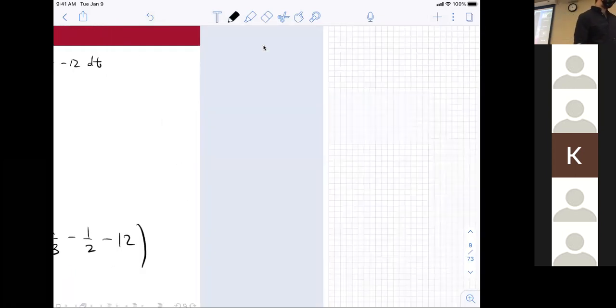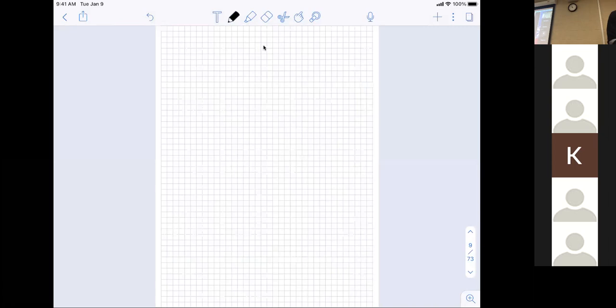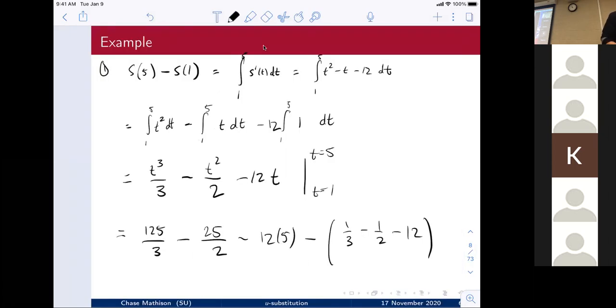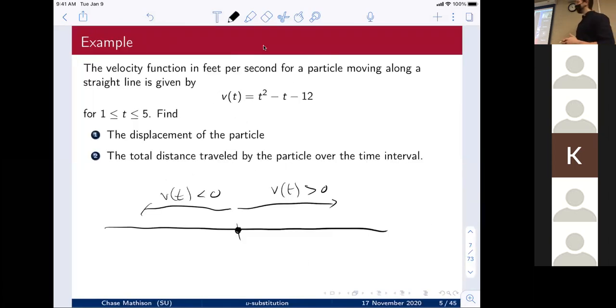So part 2 asks not about this particle's displacement, but about the total distance traveled over this time interval. So what's the difference between displacement and total distance traveled? Total time traveled is just 4 seconds.